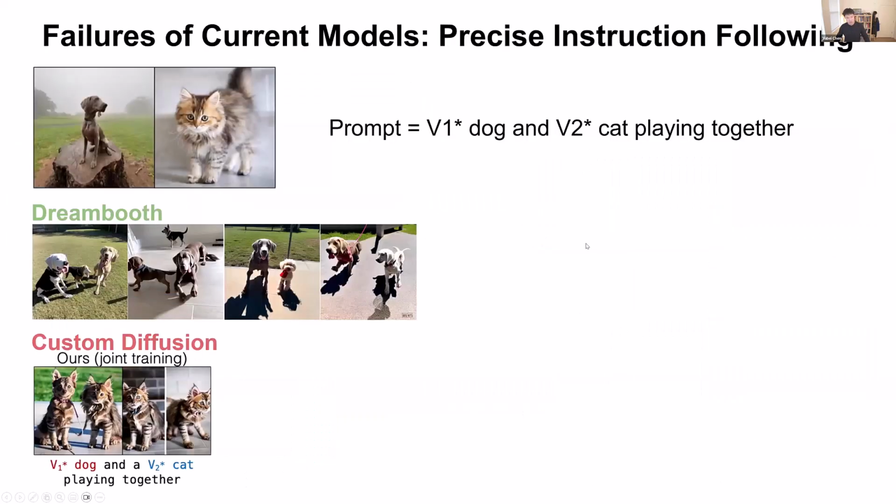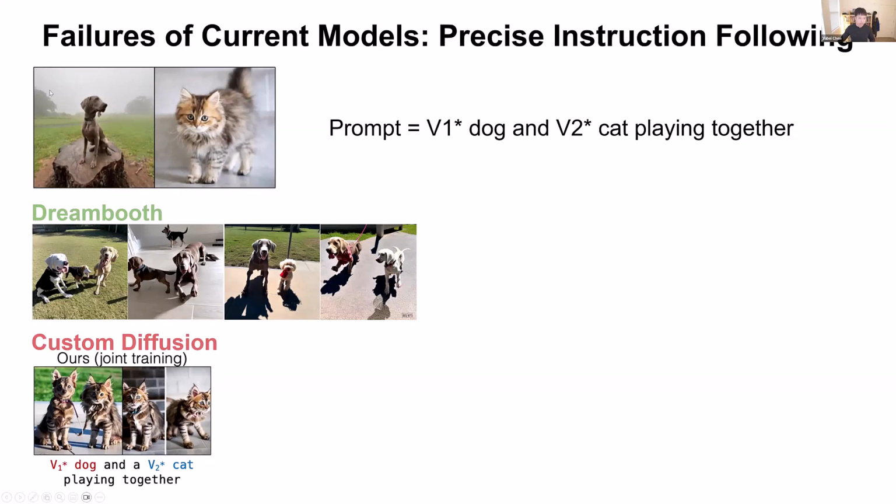What we are interested in is whether we can test how closely these models can actually follow our instruction and generate a scene that precisely matches our prompt. In this particular case, we wanted to generate a very precise composition of these objects.